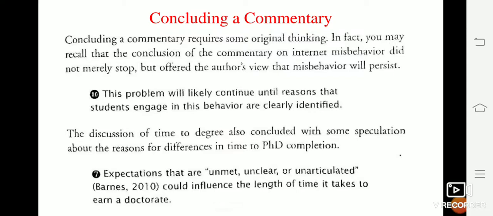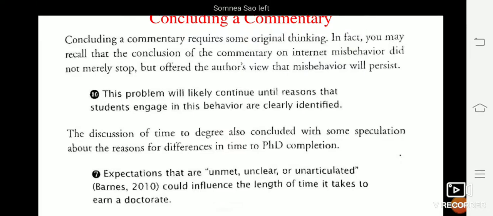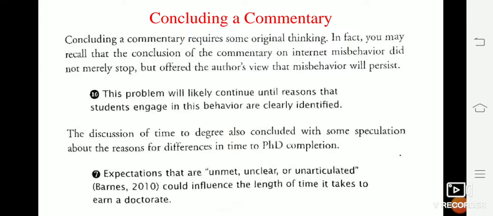The discussion of time to degree was also concluded with some speculation about the reason for differences in time to PhD completion. Look at number 7. Expectations that are unmet, unclear, or not articulated, Barnes 2010, could influence the length of time it takes to earn a doctorate.